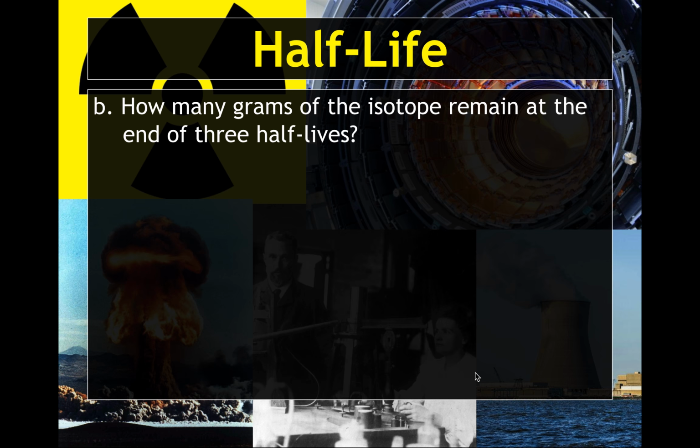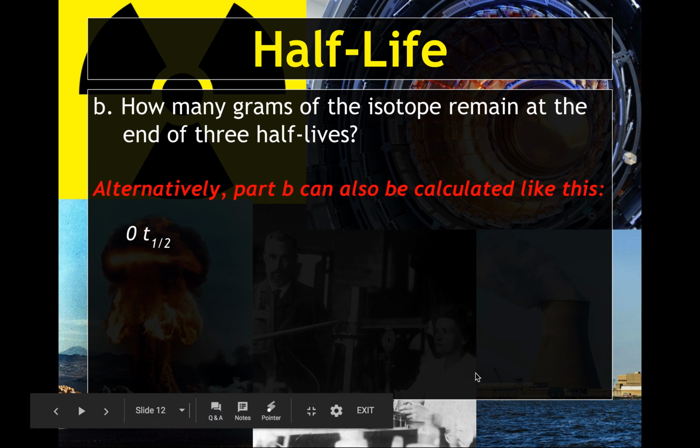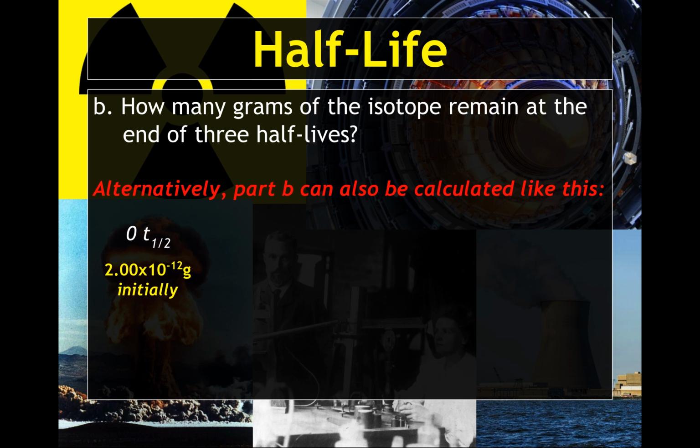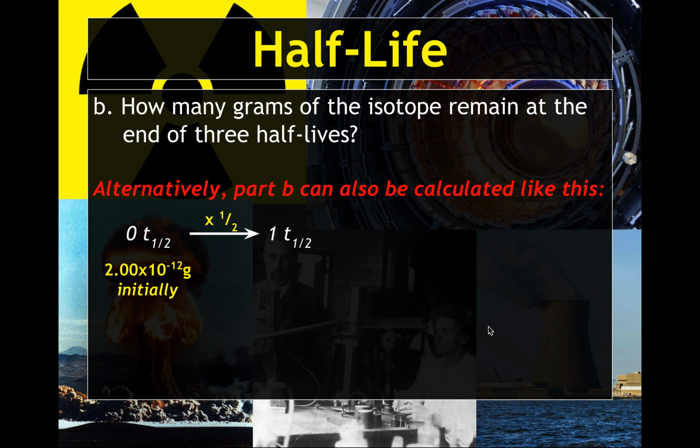How many grams of the isotope will remain at the end of 3 half-lives? Here's another way you can do this. We started with 2.00 times 10 to the negative 12 grams. There's our first half-life. Multiply that number by half. There's our second half-life.